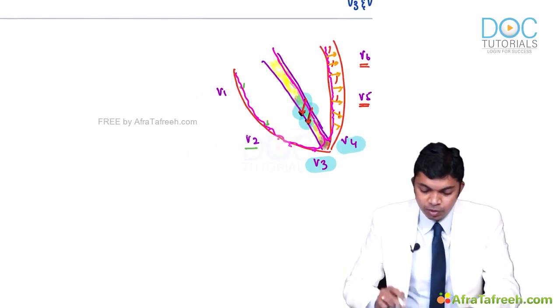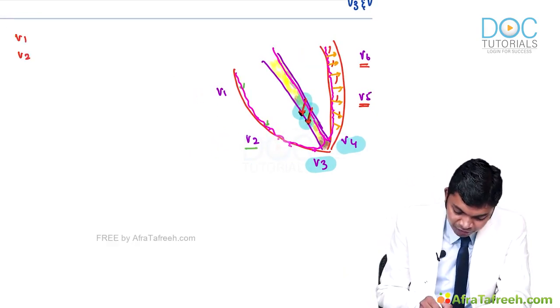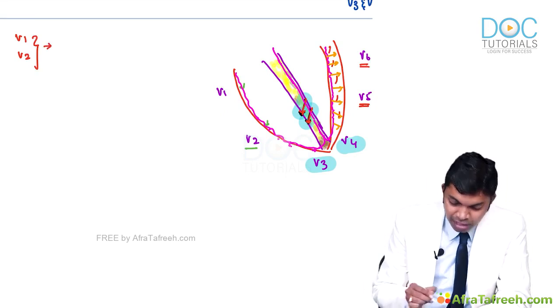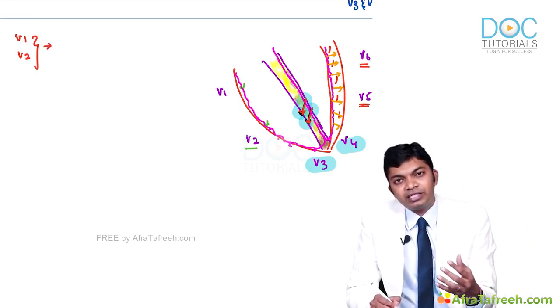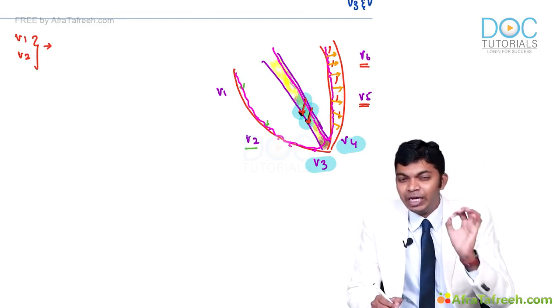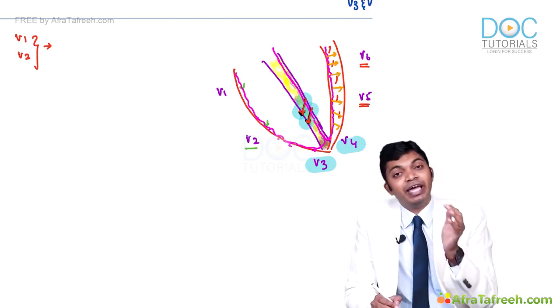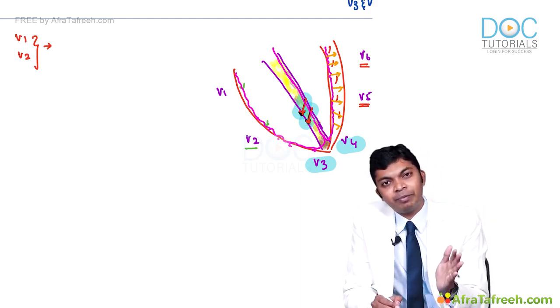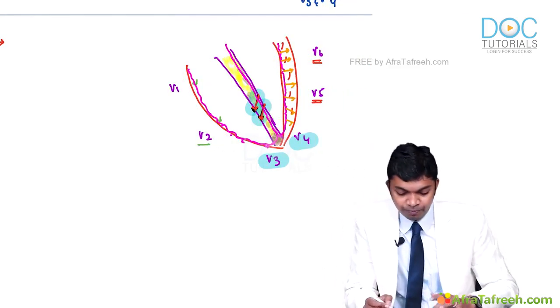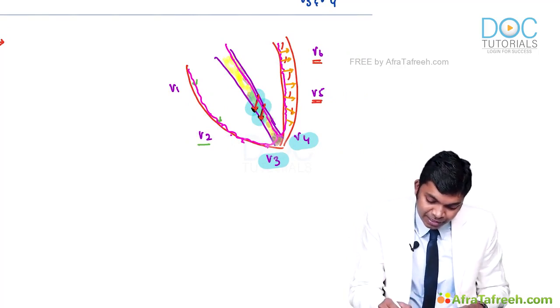epicardium. So, in this consideration, if you see in leads V1 and V2, right doctors, right ventricular depolarization is happening towards V1 and V2. Remember, right ventricular depolarization is happening towards V1 and V2, left ventricular depolarization is happening away from V1, V2. So, this is the direction of depolarization of the left ventricle, isn't it?